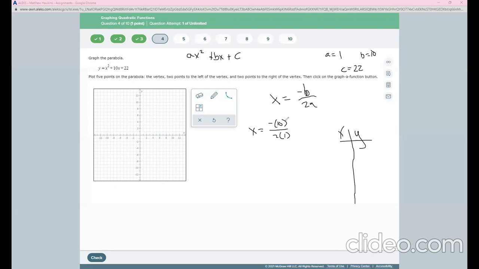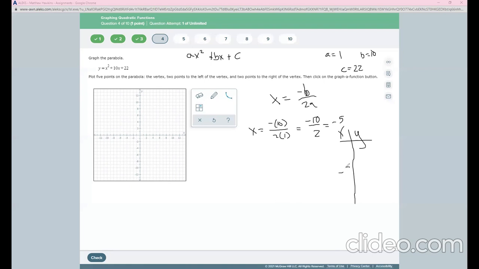So negative, and then 10 in parentheses makes negative 10, because this is really negative 1 times 10, which gives me negative 10, because you could put a 1 in front of this parentheses. Parentheses works just like a variable that you multiply to. And then 2 times 1 is just 2. So we have negative 10 divided by 2, which gives us negative 5. So the x coordinate of the vertex is negative 5.